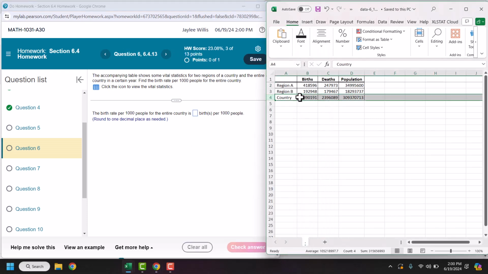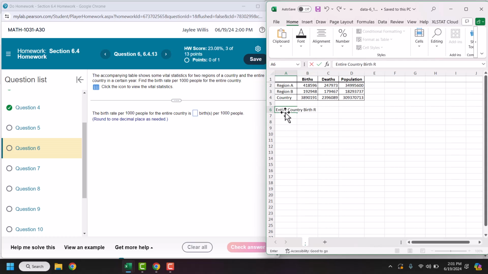So that means we're going to be looking at this row here. And since we're looking at the birth rate, we want to compare the number of births to the entire population. So the entire country's birth rate is going to be calculated as dividing the number of births by the population.